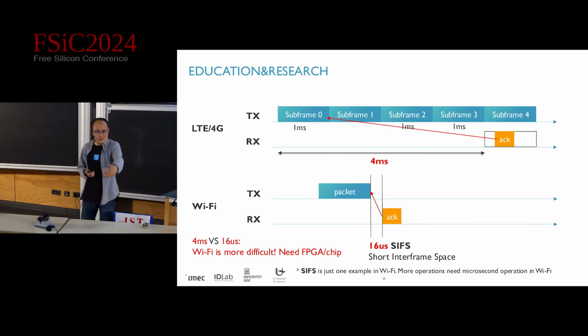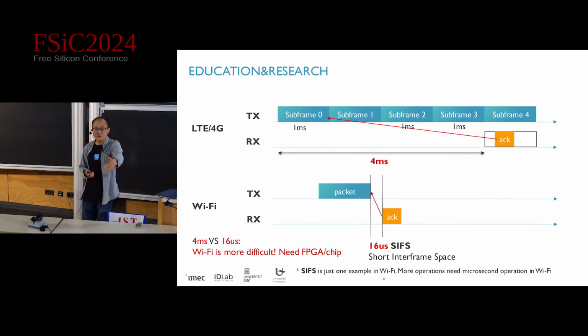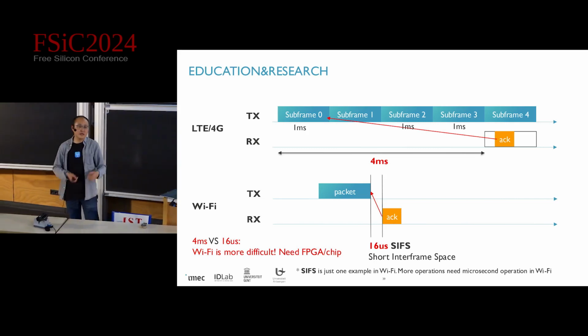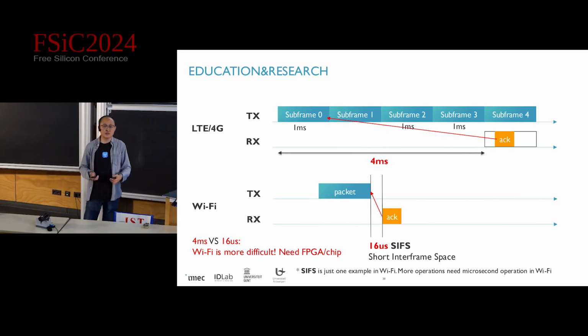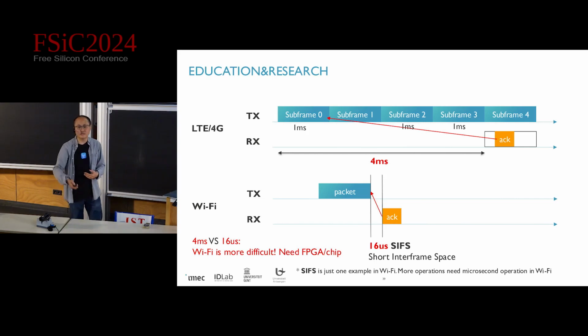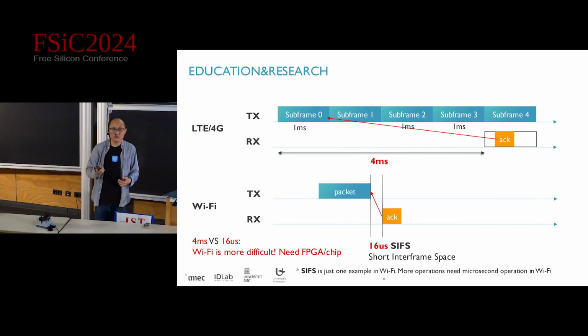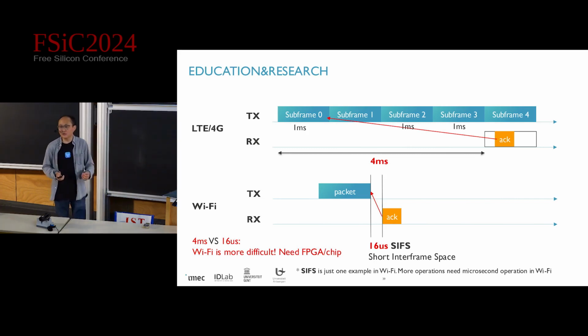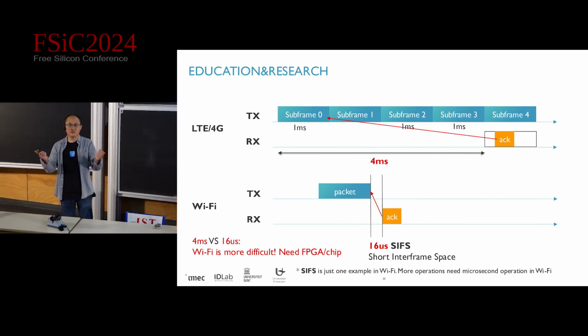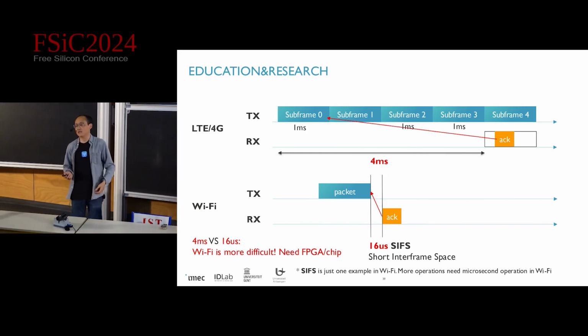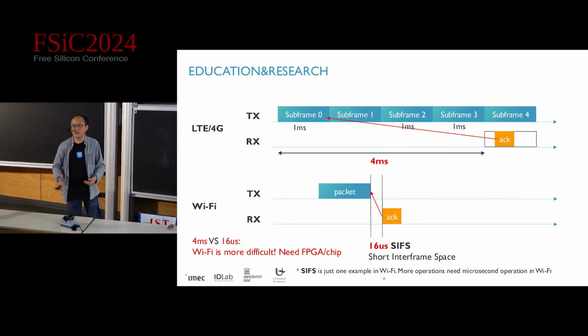So in these 4 milliseconds, the receiver can do the demodulation, header parsing, and construct the acknowledgement in the computer, because you have 4 milliseconds. And you can't send it early or later. Everything is scheduled. That's the cellular system. So you can do it in software, because the antenna signal to your computer only takes maybe 100 microseconds. For the rest, you can do it in software.